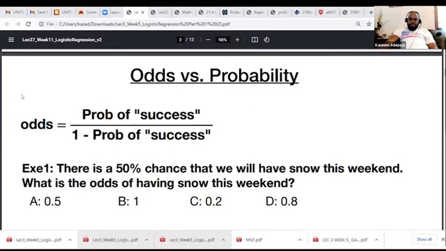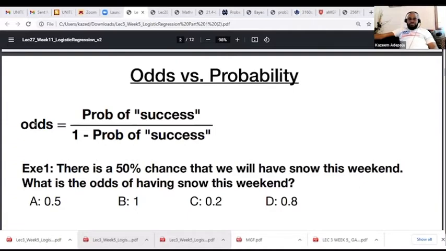Now let's talk about odds. What do we mean by odds? Odds is a ratio of the probability of success to the probability of failure. Of course, success and failure are mutually exclusive, and because of that, one minus the probability of success is the same thing as the probability of failure, since the probability of success plus the probability of failure is equal to one.